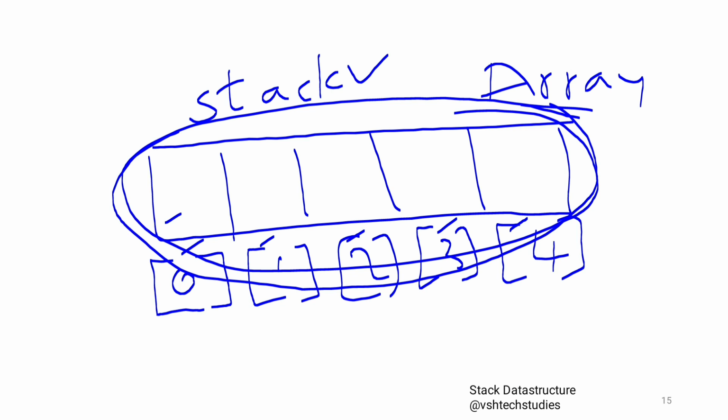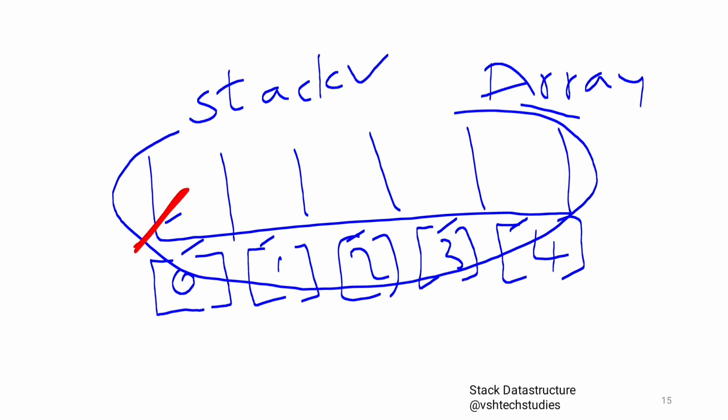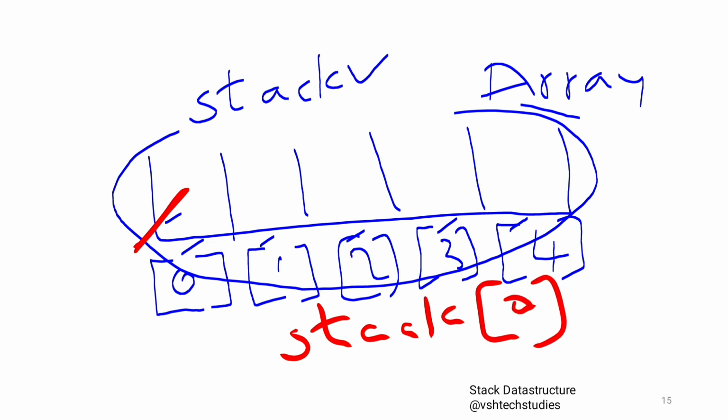Totally 5 memory locations which can be identified by the index 0, 1, 2, 3 till 4. If 10 memory locations, the index varies from 0 to 9. If I want to store 100 in the first location of this array, I have to take its name, stack here, then its index, equal to 100 semicolon.